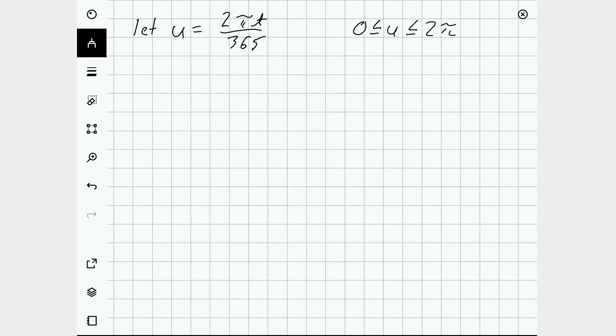I like this particular substitution because solving trig equations where I'm looking for solutions between 0 and 2 pi is kind of the standard of solving trig equations. I also greatly prefer solving trig equations when I'm solving for the argument of the function and not other stuff going on. So negative 2 over 2.7 is the cosine of u.